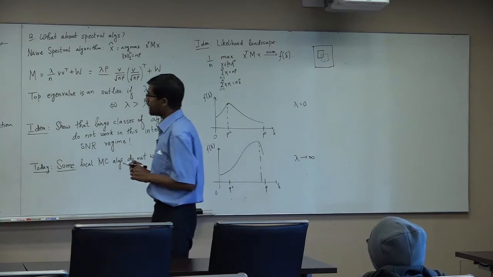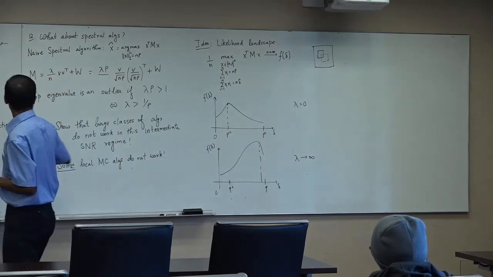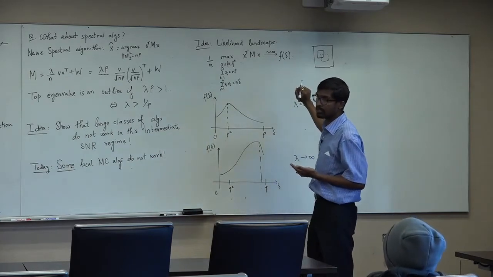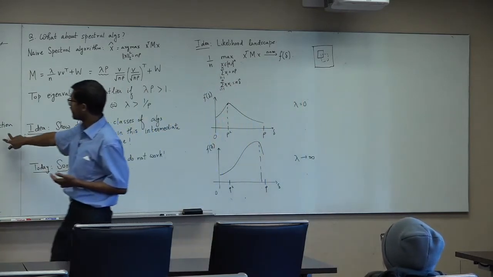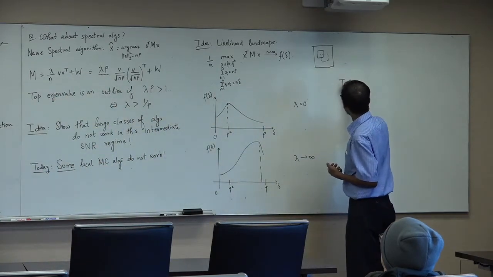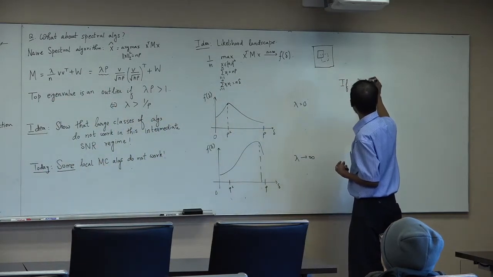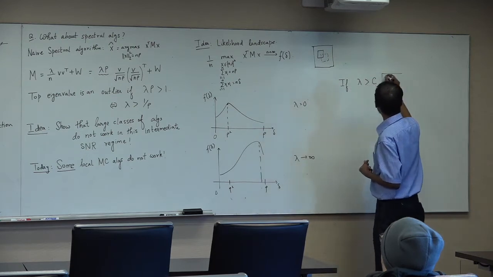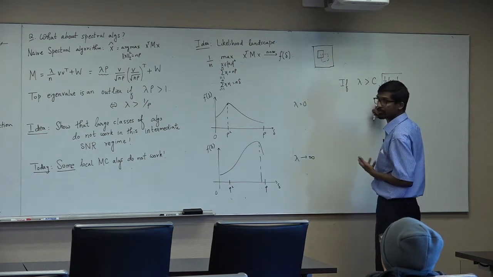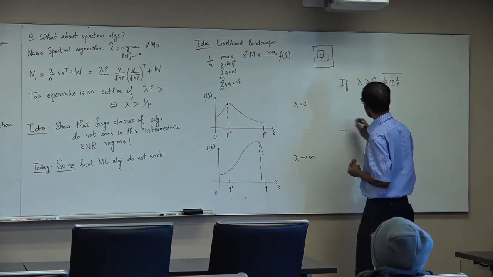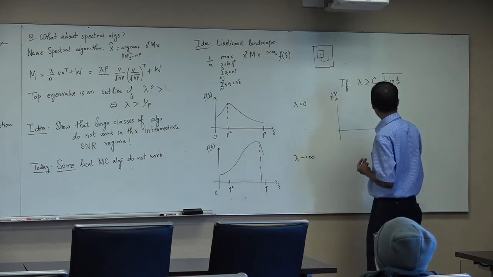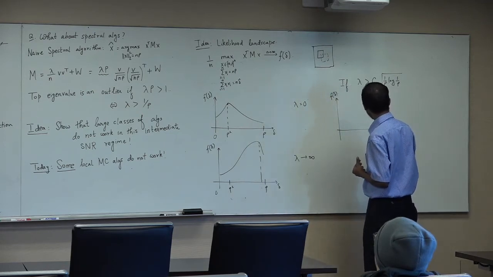Okay, and so in terms of this quantity, which is sort of the restricted maximum likelihood, what this theorem is telling us is that if lambda is actually bigger than some c square root of 1 on rho log 1 on rho, then at least I know that the global maximum is at some point c times rho.